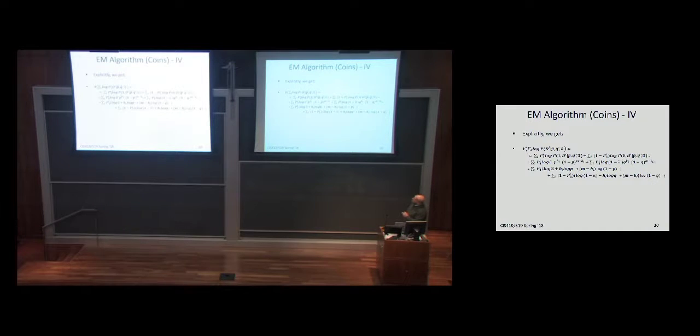So that's my expression. Now I'm taking the log of this. So when I'm taking the log, I'm getting, again, the P1i outside, log alpha, h log p, plus m minus h log 1 minus p, and the same here. So here it's 1 minus P1i, log 1 minus alpha, h log q, plus m minus h log 1 minus q. So it's really simple Bernoulli algebra.